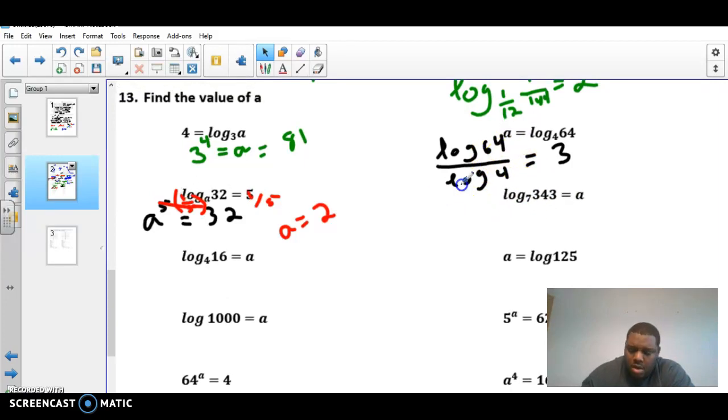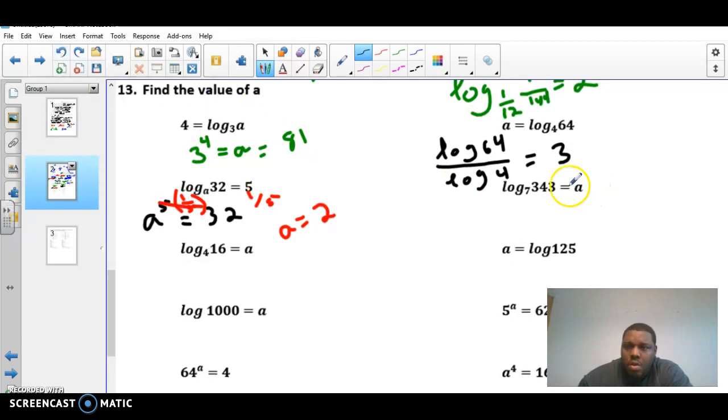So we have log of 343, your argument, divided by log of your base. So log of 343 divided by log of 7.